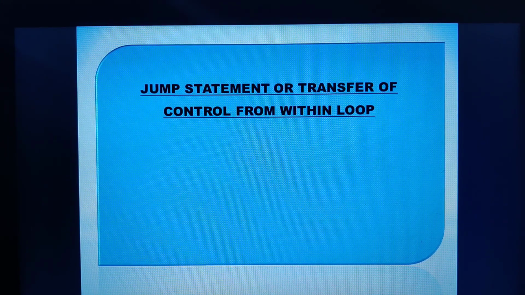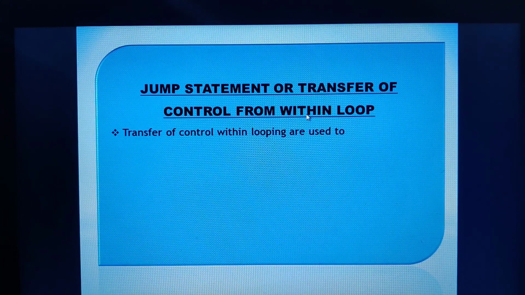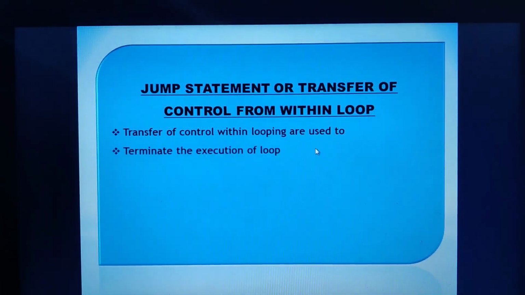So in that case we are going to study the jump statement or the transfer of control from within loops. Transfer of control within looping is used, first, to terminate the execution of the loop.